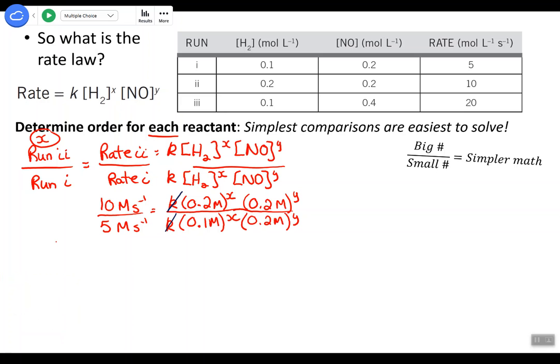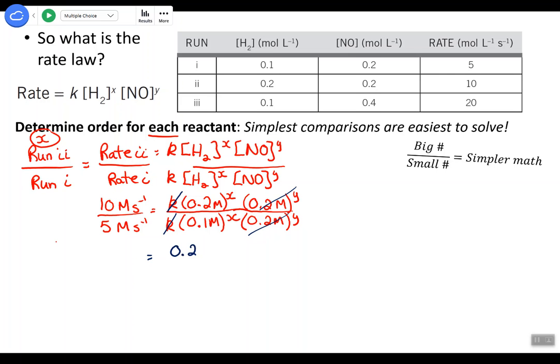Now we can see the beauty of fractions. The specific rate constant k isn't going to change by changing initial concentrations, so that factors out. These concentrations didn't change, so those factor out. 0.2 to the power x divided by 0.1 to the power x.